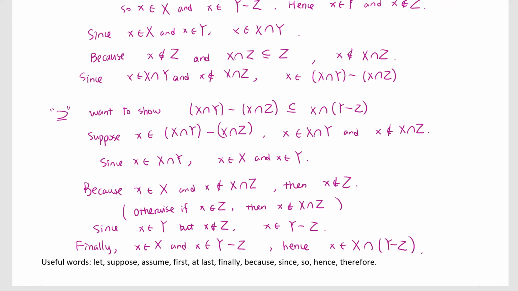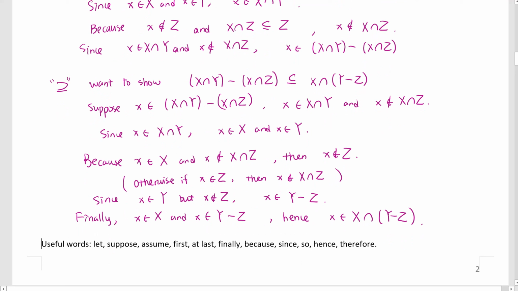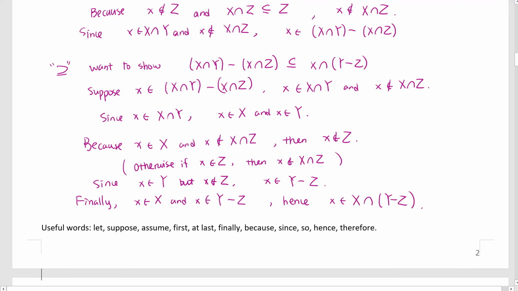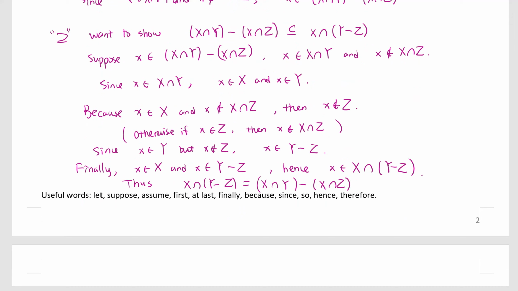And then combine both directions. Therefore, or thus, we have X ∩ (Y − Z) is equal to (X ∩ Y) − (X ∩ Z). And that finished the proof.